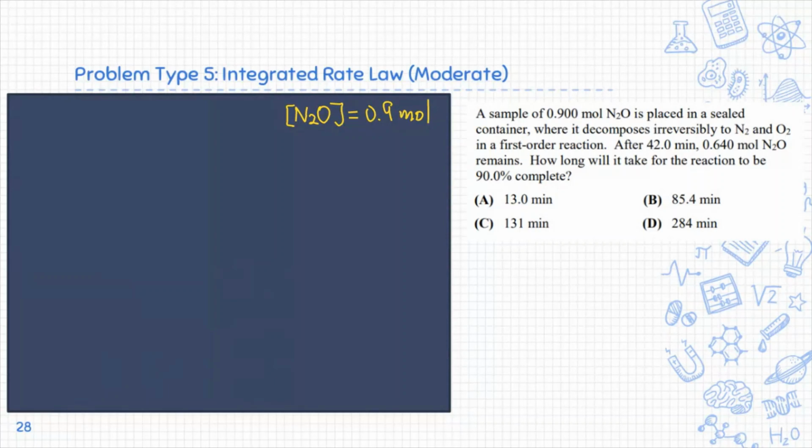Okay, so we know the rate constant is going to be in seconds to the negative first power. After 42 minutes, cool, t equals 42 minutes, 0.640 moles of NO2 remains. So we're given the final concentration as well.